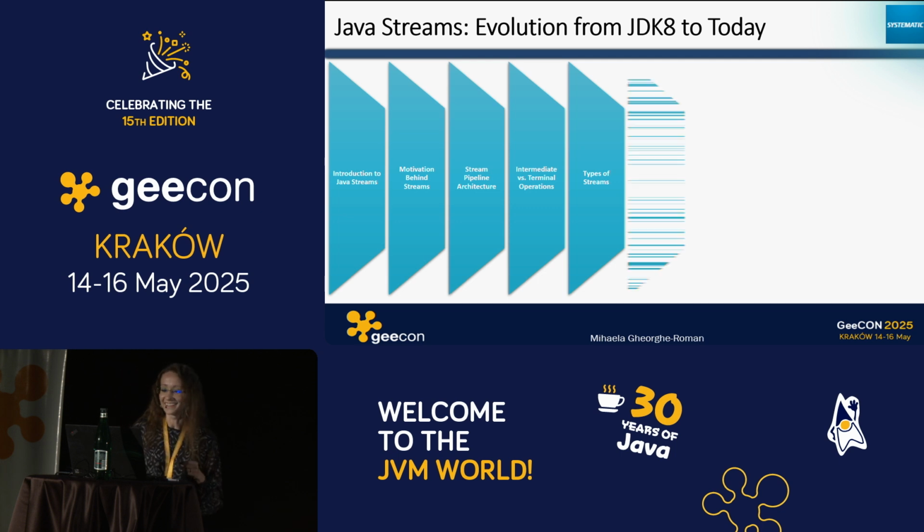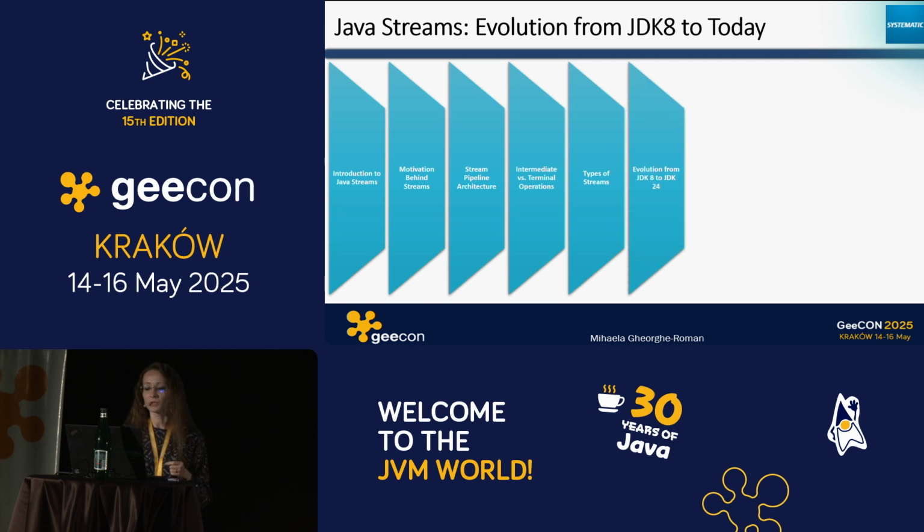Then we will walk through the evolution version by version, with a focus only on the main changes, those that were highly important. We will highlight some of the new methods representing best practices, and the enhancements and performance improvements that were made to streams along the way.